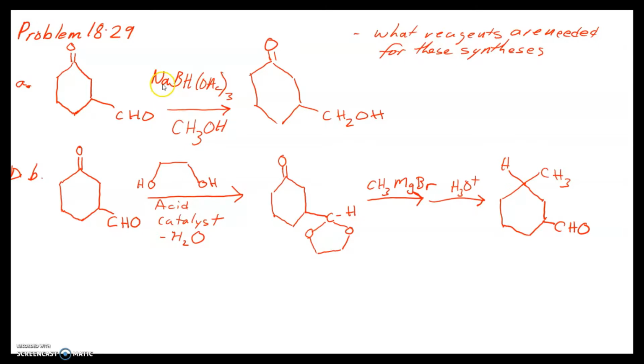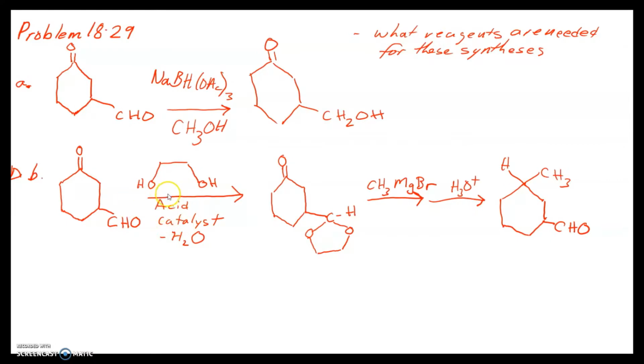And in this case, see, NaBH4 is changed to NaBH(OAc)3. So that's the acetate form of NaBH4. So you're making NaBH4 a weaker reducing agent. And since aldehyde is more reactive than a keto group, then only aldehyde will be reduced.